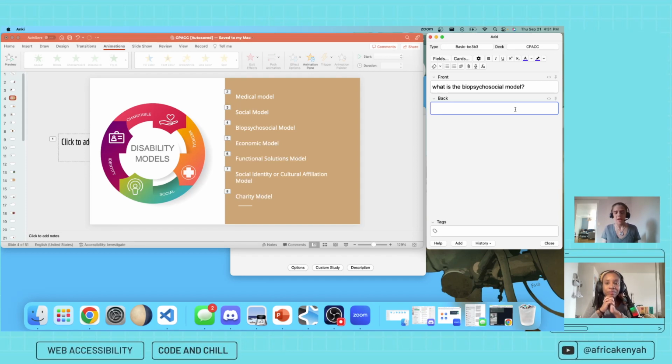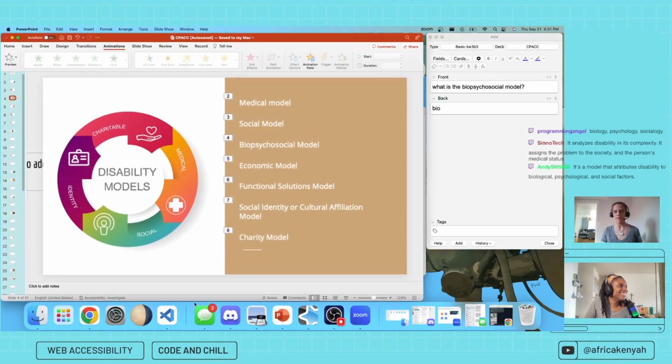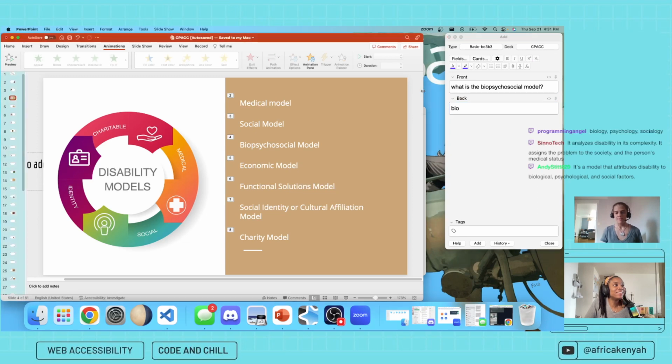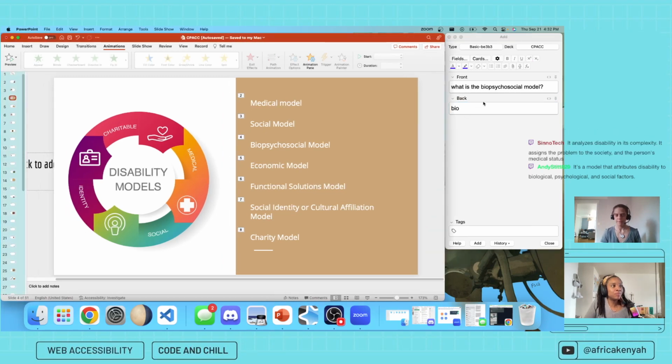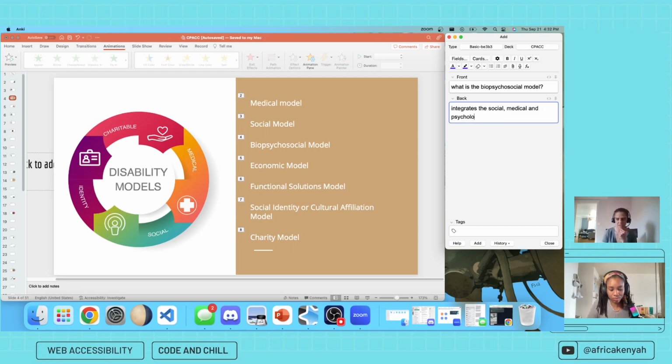It was biological, social, and economic, I think. You can't cheat, but I can cheat. That's how studying works. You go back and you look at the notes and you make them good so that when you're going through, you've got what you need to study from. You're going to thank me for this later. All right, so it integrates the social and medical models. It synthesizes what is true in the medical and the social models without making the mistakes each makes. Let me see if I can find something to sum it up.